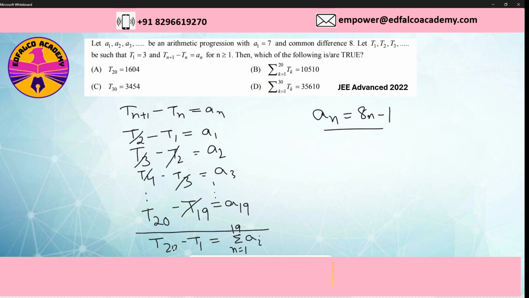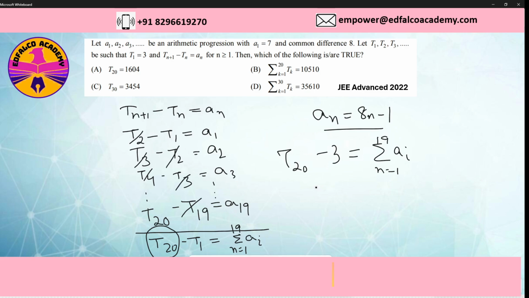So now it is very clear, we can find out T20 from here. So T20 minus T1, which is already given to us as 3, is equal to sigma ai from i is equal to 1 to 19.